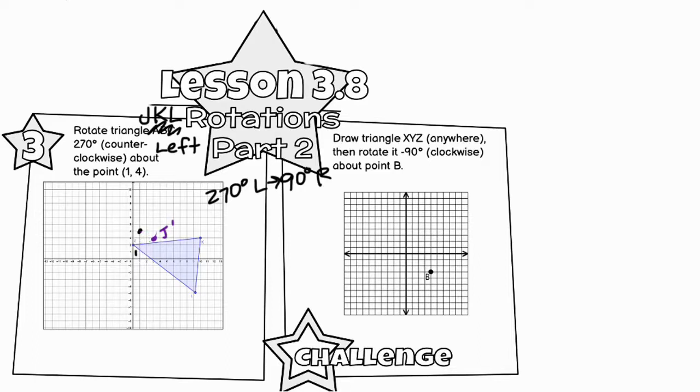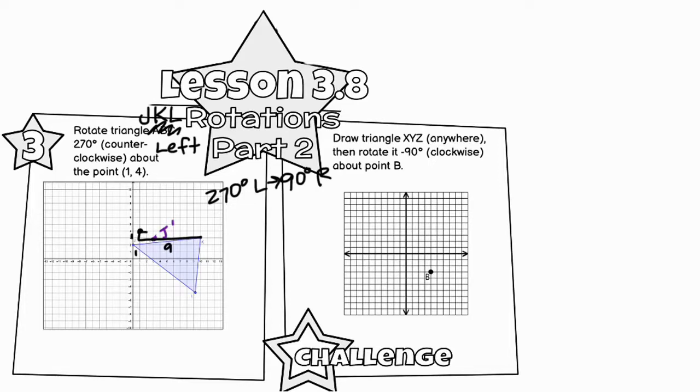And my L, or excuse me, my J isn't, my K isn't very far either. It's a 1 by 9. So if I go 90 degrees, it's going to look like this.